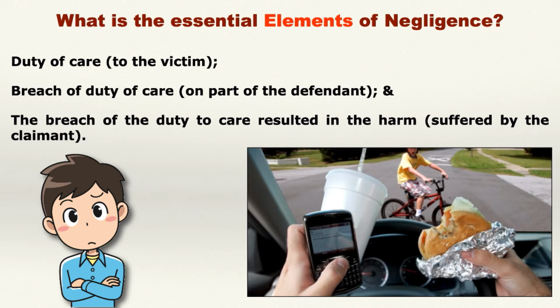Second one, breach of duty, he did it because his attention was somewhere else. And thirdly, the breach of the duty to take care resulted in the harm. That boy got injured. Okay, so all three essential elements are proved in this image. So this is a clear-cut example of negligence.